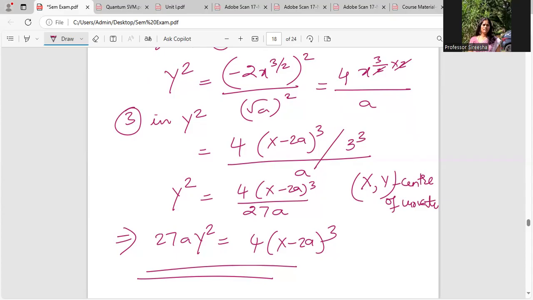Because of which I'll be finding the relationship between capital X and capital Y, and clearly you can see in this equation there are no small x and small y terms. Is that fine?